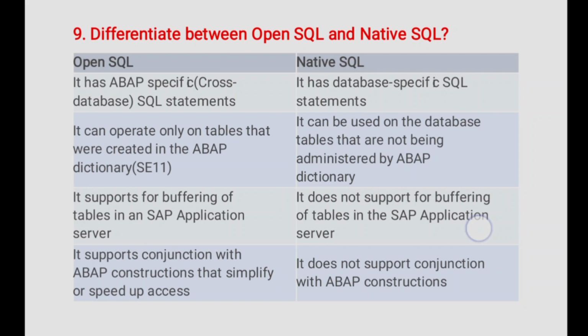OpenSQL supports buffering of tables in the SAP application server, whereas native SQL does not support buffering of tables in the SAP application server. OpenSQL supports conjunction with ABAP constructions that simplify or speed up access, whereas native SQL does not support conjunction with ABAP constructions.